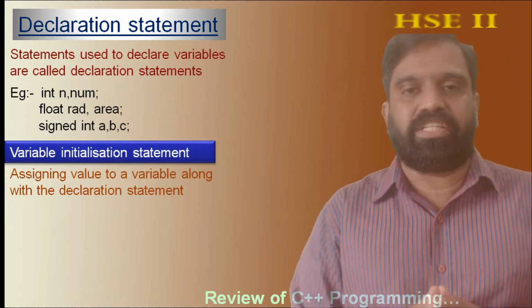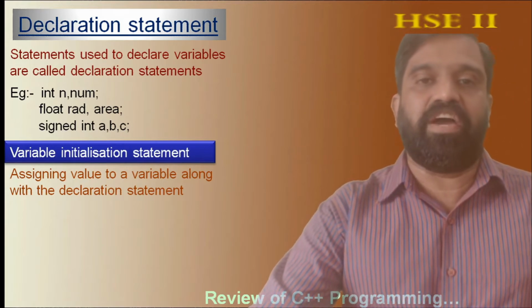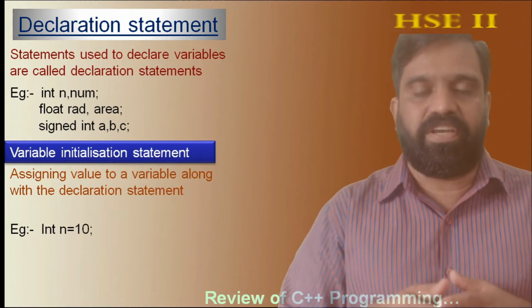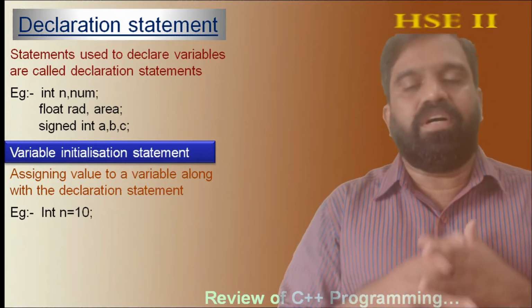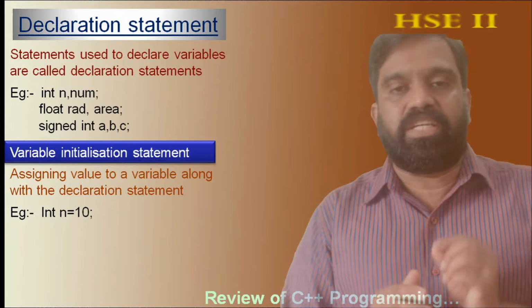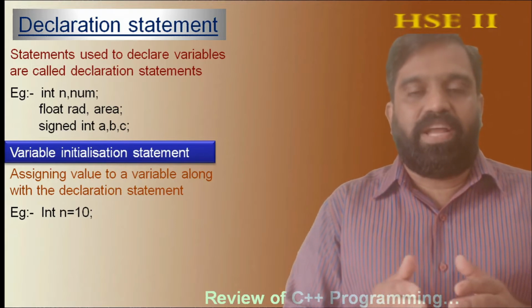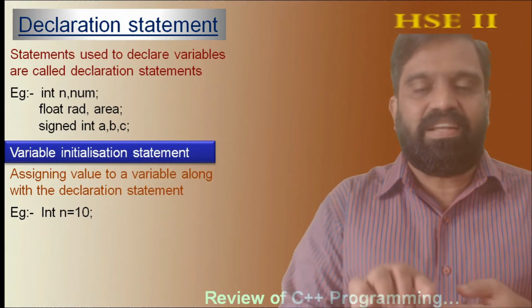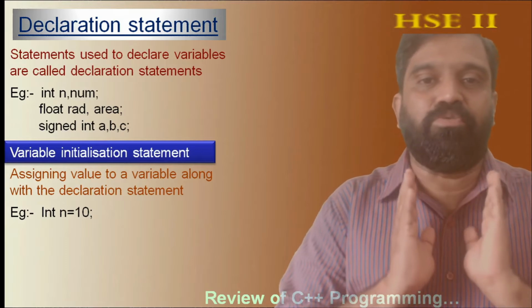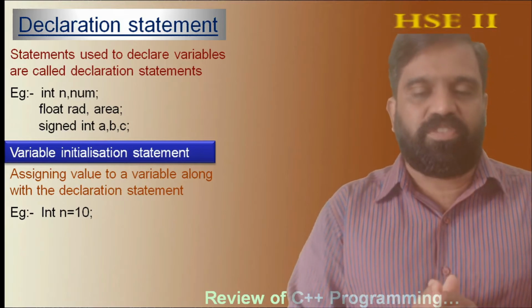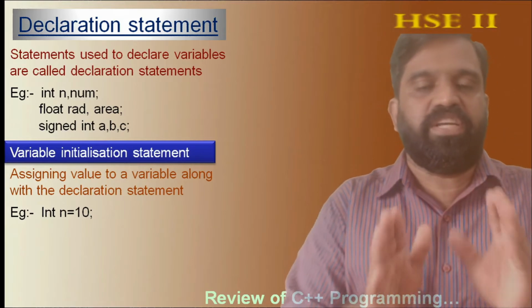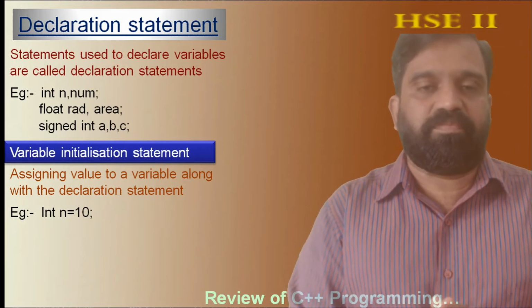The example, int n = 10, means while declaring the variable itself, we are assigning a value to that memory space. In int n = 10, initially n is 10.